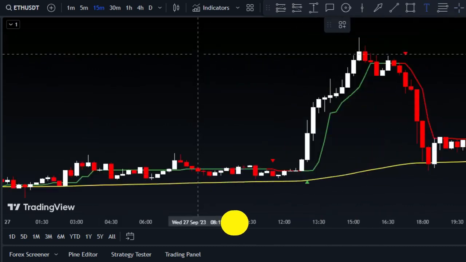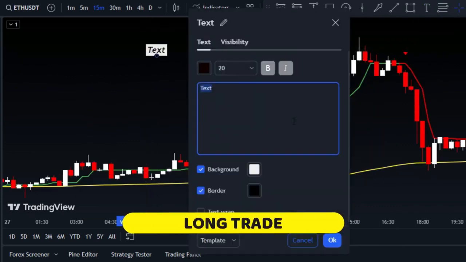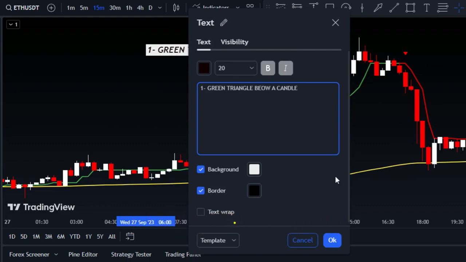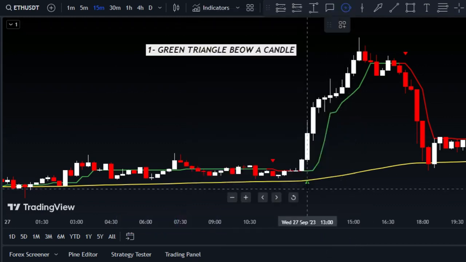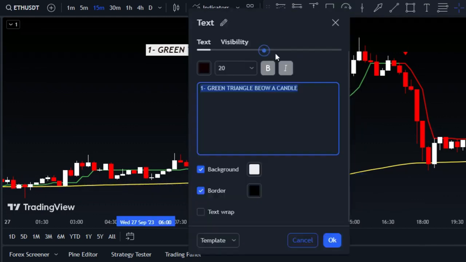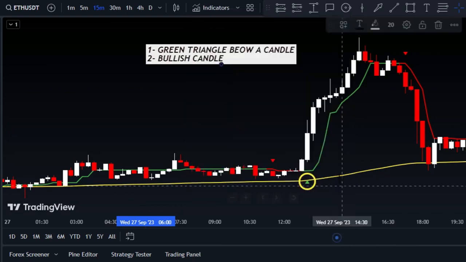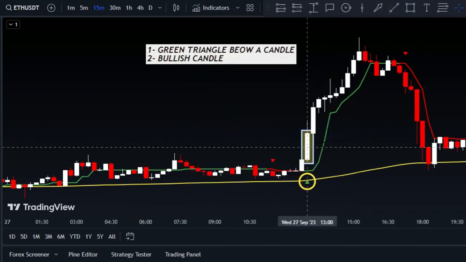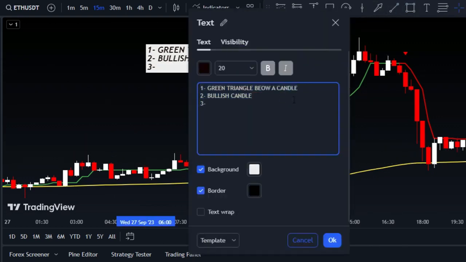Now let's outline the specific rules for entering long trades. To kick off a long trade, keep an eye out for a green triangle positioned below a candle on the chart. Then ensure that the candle itself is green. In the subsequent step, confirm the bullish trend where the price is above the 200 period moving average.